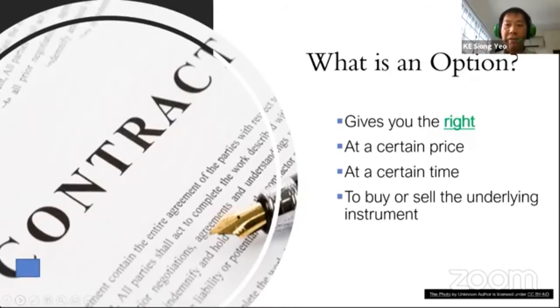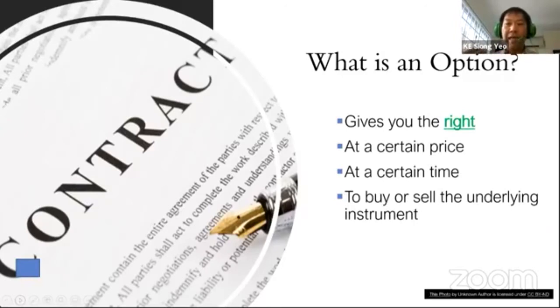So options is merely a piece of contract between a buyer and a seller that spells out what the underlying instrument is. If you're talking about an Apple stock option, the underlying instrument will be the Apple stocks, the shares of the Apple company. If you're the buyer, it spells out the price you have to pay to enter this contract, when this contract must be fulfilled, and what your right as a buyer is.